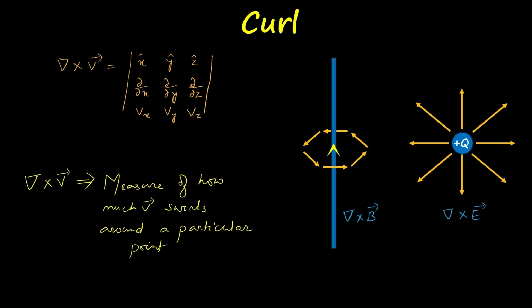Now, using this definition, in this example, we can see that the magnetic field is circling around this wire. So, the magnetic field curl will not be equal to 0. But in the second example, the electric field lines are diverging out. So, it is not curling around any particular point. So, the curl of this electric field will be equal to 0.